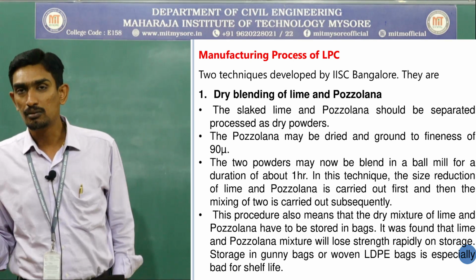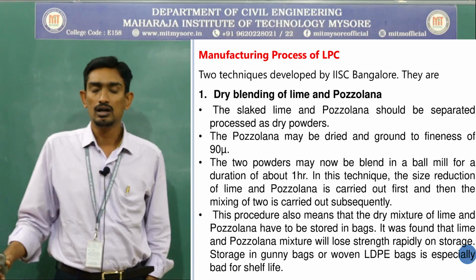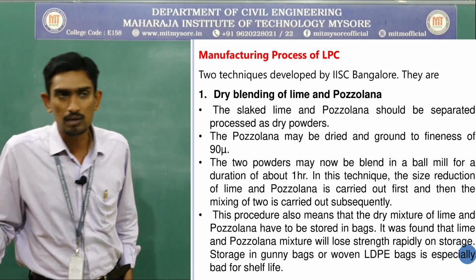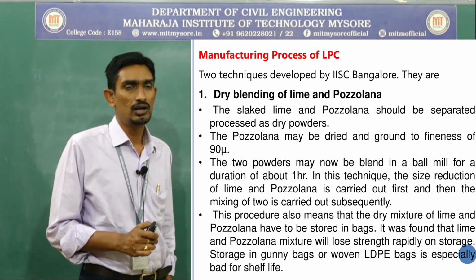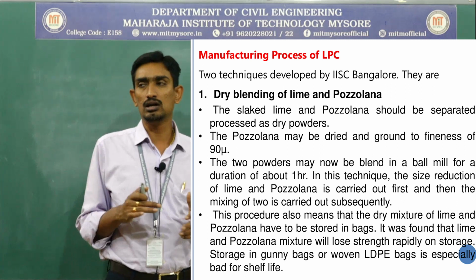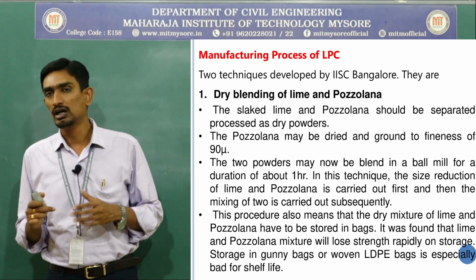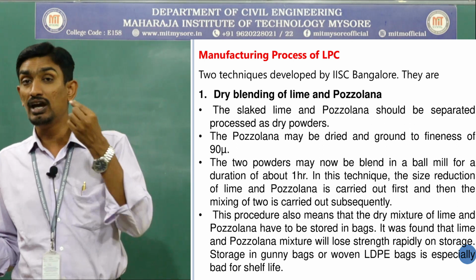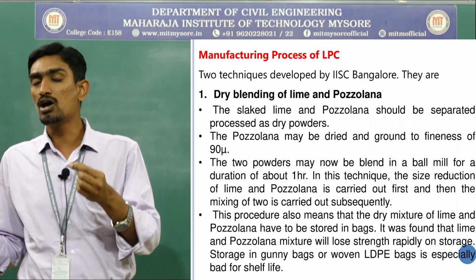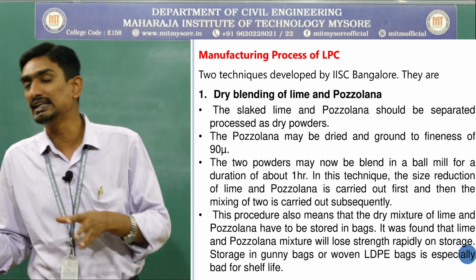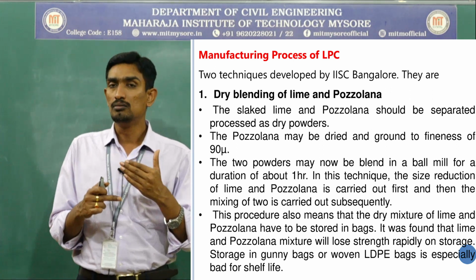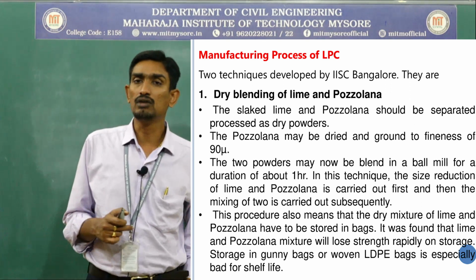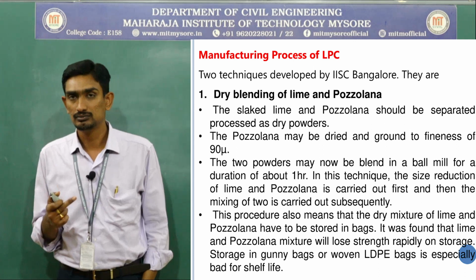So for blending lime and pozzolana, what we are going to do here is use a ball mill. A ball mill is a machine, a huge steel drum. Inside it, we put steel balls of various sizes, and we make the drum revolve, or rotate.